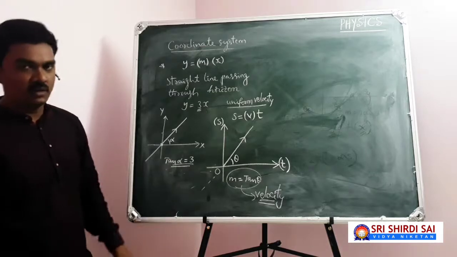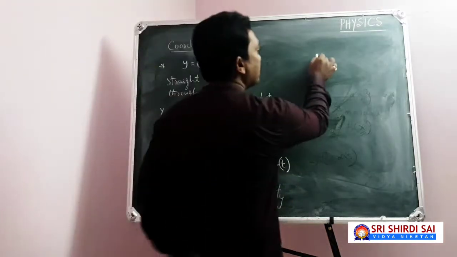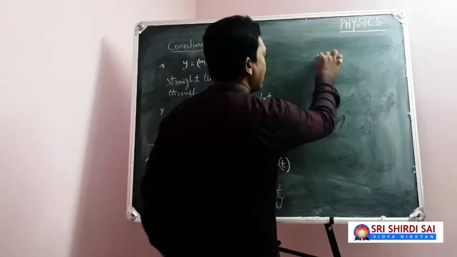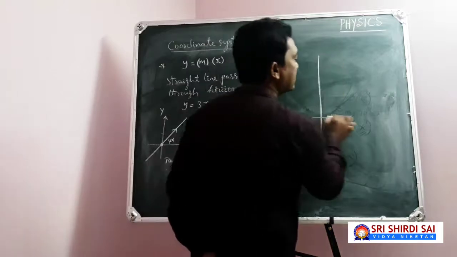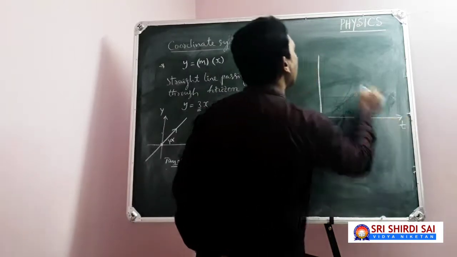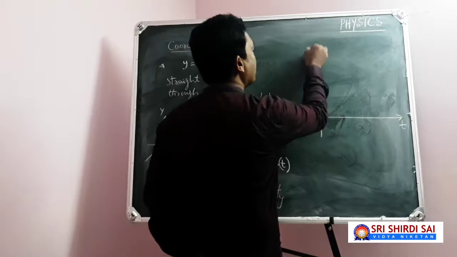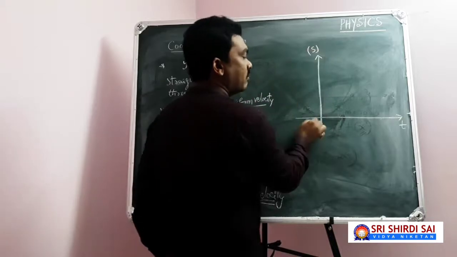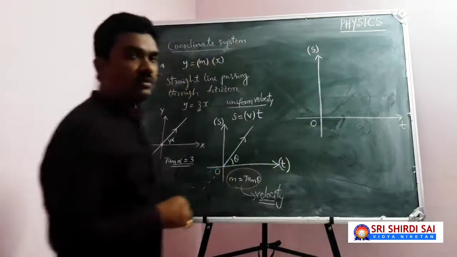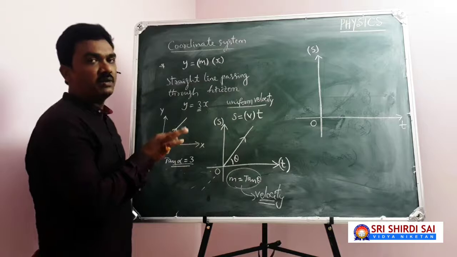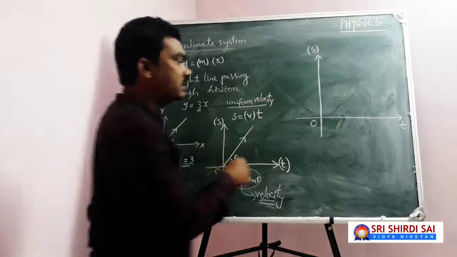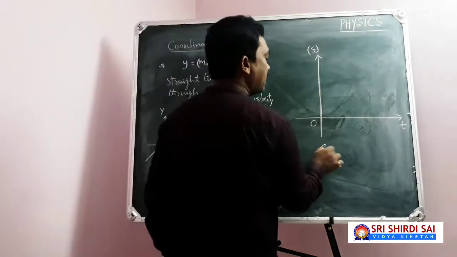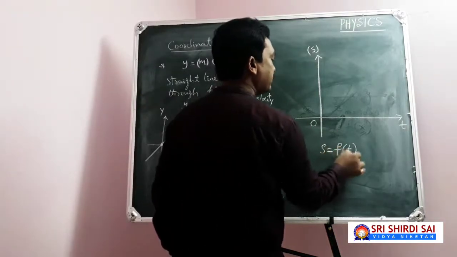Let me give more data on this. Here I am taking displacement versus time graph for two different bodies. What I am taking? A graph. For whom? Displacement versus time. Means I am talking about s is a function of t.